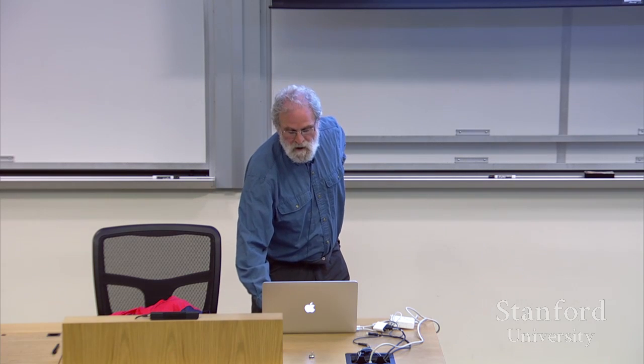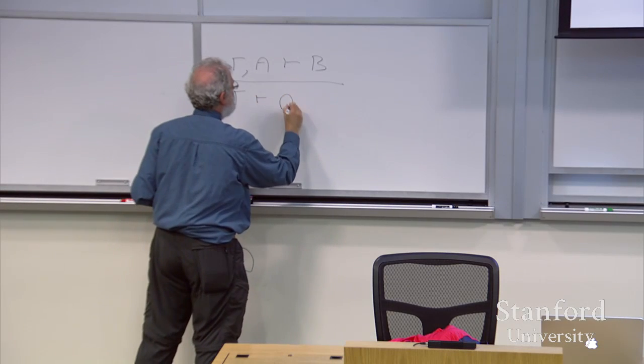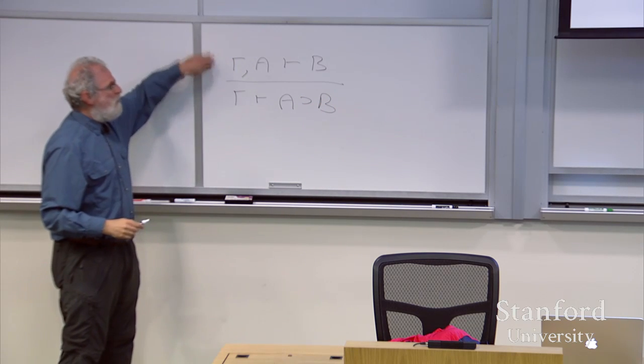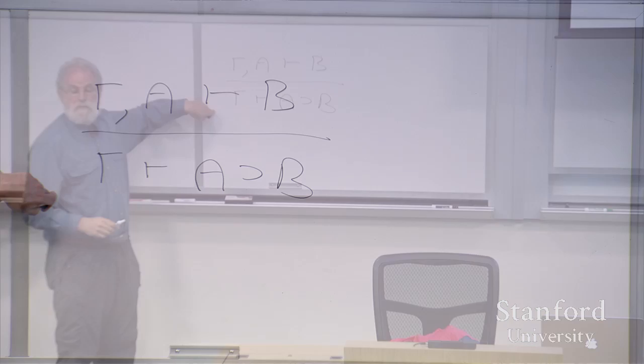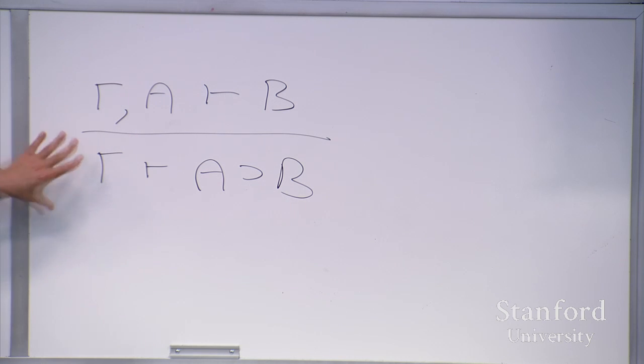Right, so another way of writing this rule is, we have a whiteboard? Yeah. So what you're saying is you've seen the rule in a different form, and the form you've seen it says, if assuming gamma and assuming A, I can prove B, then assuming gamma alone, I can prove A implies B. Right, and more people tend to use this form much more often. This is actually called sequent notation, but still a natural deduction proof.